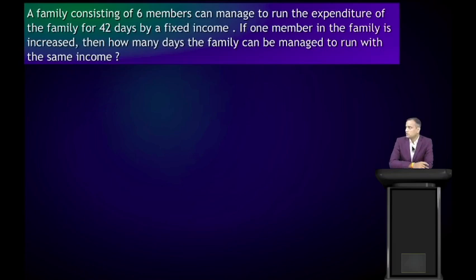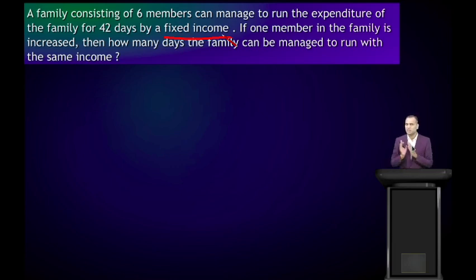A family consisting of 6 members can manage to run the expenditure of the family for 42 days by a fixed income. Now look here, income is fixed. In previous question, length of dam is fixed. Another question, number of gamosas is fixed.